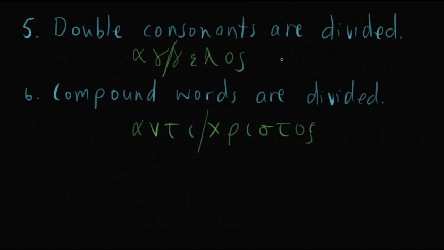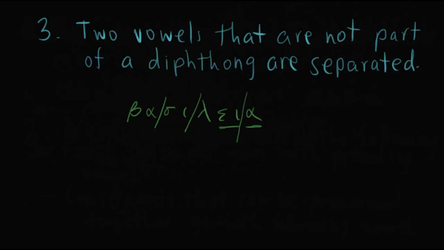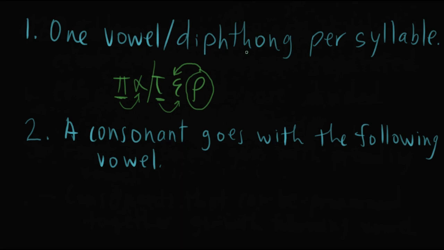So there you have it. You have your 6 syllable rules, beginning with number 1. So one vowel or diphthong per syllable, as we see here. Number 2, the consonant goes with the following vowel, as in this case. That's unless the vowel is at the beginning in some cases, then the vowel will be first. But in most cases, generally the consonant goes with the following vowel.